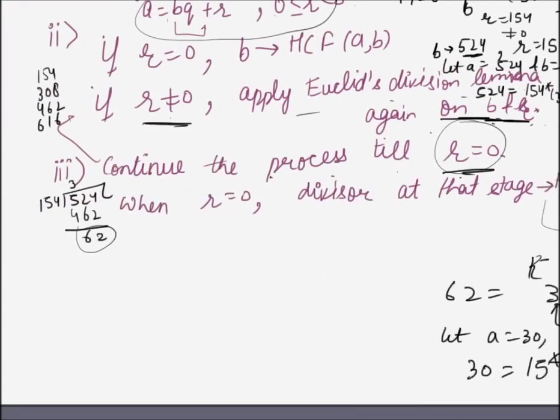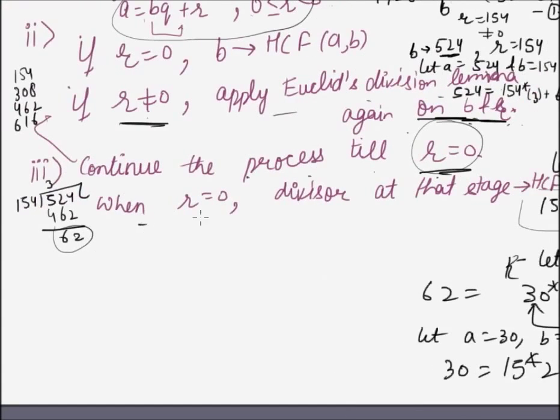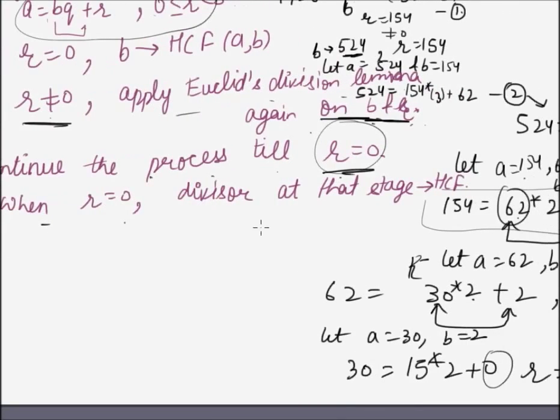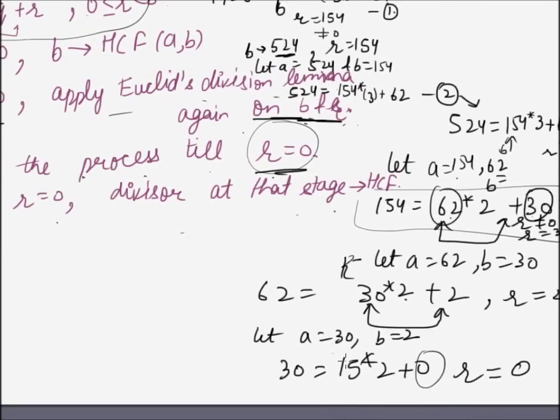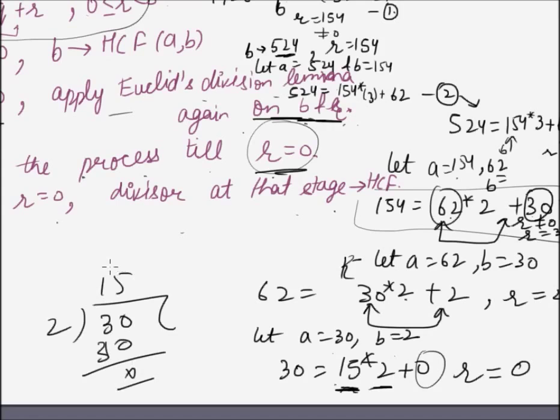Now, according to the third step, when R is equal to 0, the divisor at this stage will be HCF. The divisor at this stage was 2, because we have divided 30 by 2 to get this quotient.